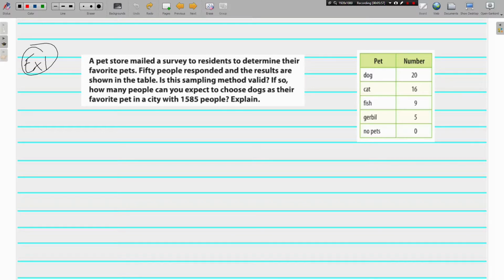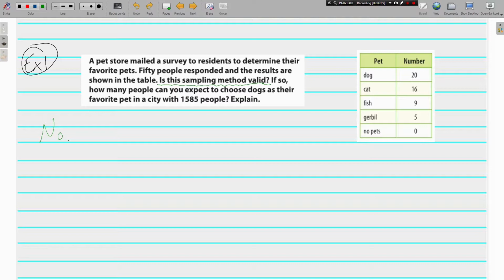people? Explain. Okay, well, so first thing we have to do, and maybe I'll even underline it here, is this sampling method valid? The answer here is no. No, not valid. Why not?